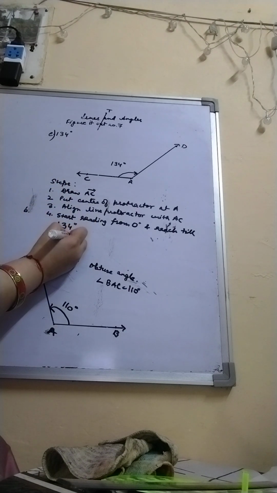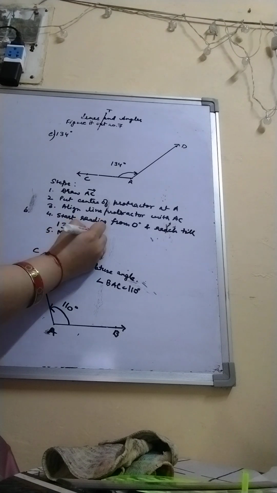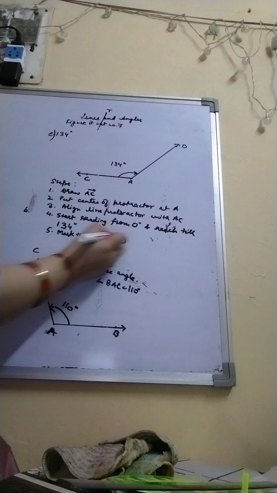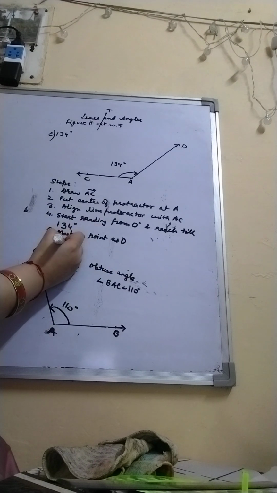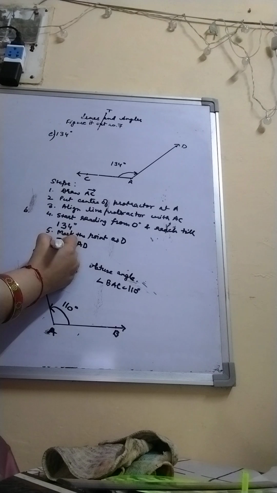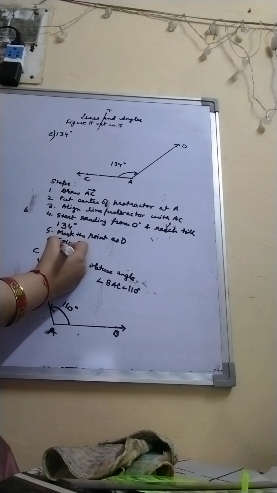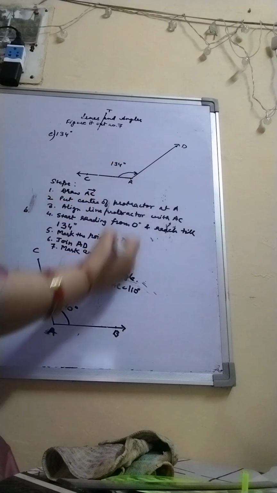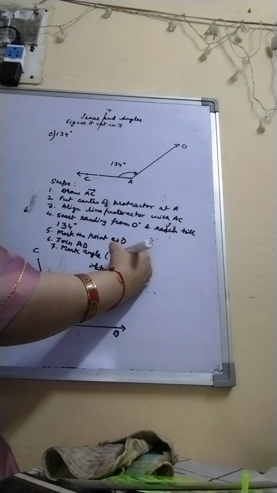Mark the point as D, join AD, mark angle. Mark angle means you have to show the turning. What do you mean by mark angle?